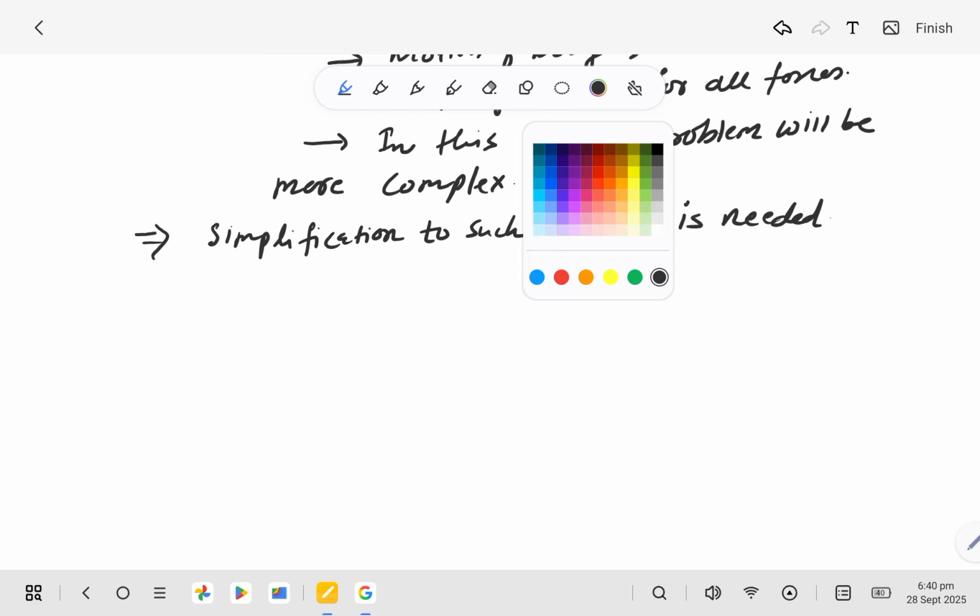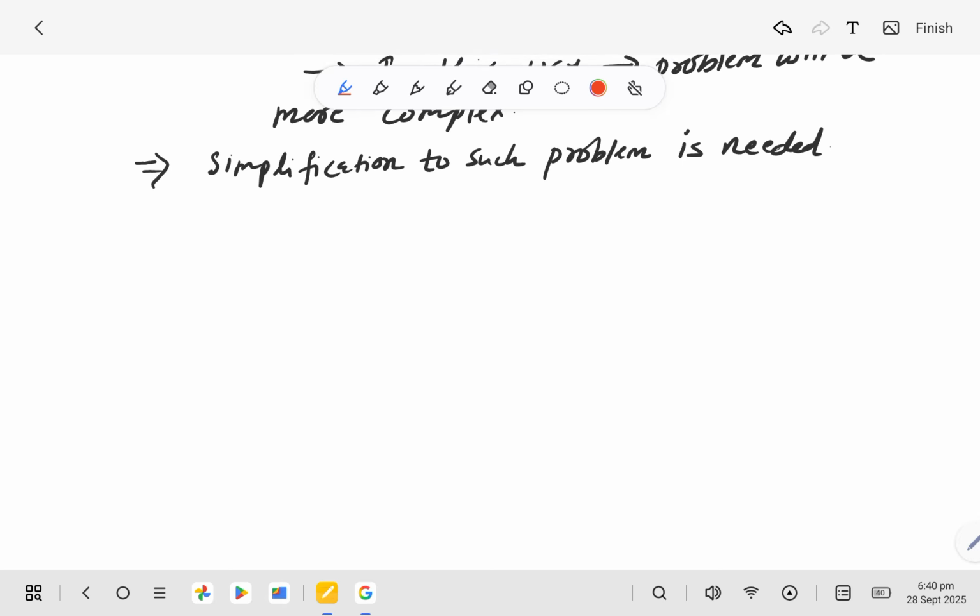Then what is the way, or what is the solution, to make such problems as simple as possible? So now let's say we have these different forces acting on an object in different directions.